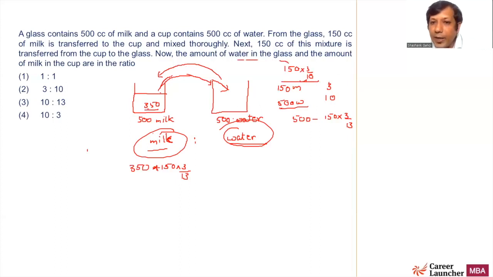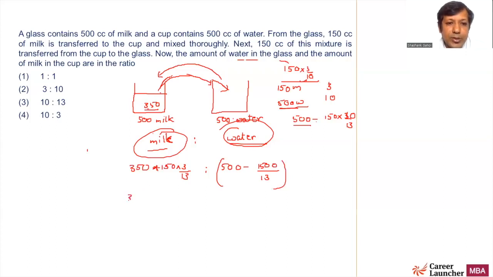I had 500 cc of water, and after taking out 150 cc of solution, the left out water is going to be 500 minus 150 into, sorry, this is going to be 10 by 13. So I need to find out the ratio of 500 minus 1500 upon 13, and this is going to be my required ratio.